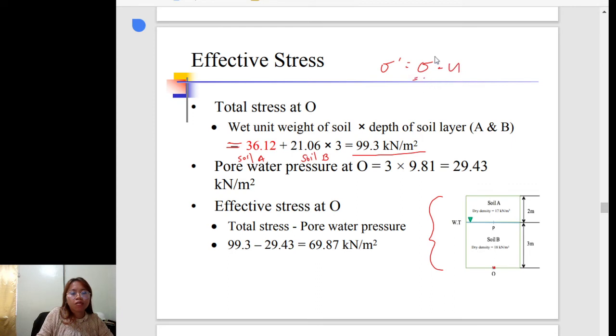We have still to compute the pore water pressure, which is from the figure, since naa man kay water content diri, this is unit weight of water times 3, the height, no? To O. So 3 times 9.81, 29.43. So that effective stress at O is equal to total stress minus the pore water pressure. So this is the effective stress at O.